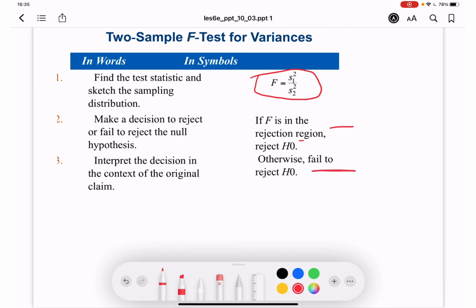Otherwise, we fail to reject it. This conclusion is the same whether your test statistic is a z-score, a t-test, or now an F-test: if it falls in the rejection area, we reject the null; if it falls in the fail to reject area, we reject the alternative.